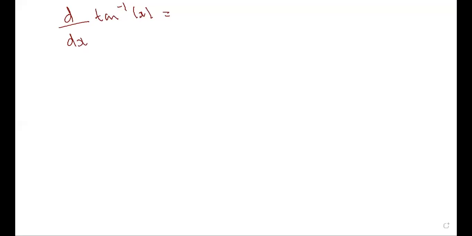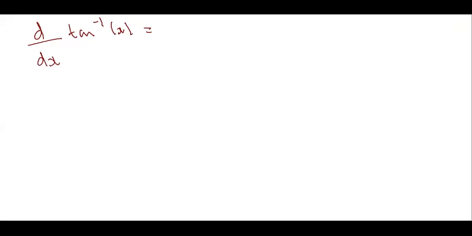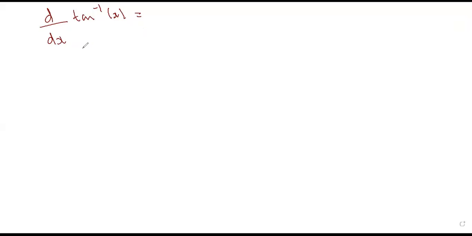It is 1 over 1 plus x squared. I'll tell you how. This is how we differentiate something when it has tan inverse with it. Here the question was that we were asked to differentiate tan inverse x.